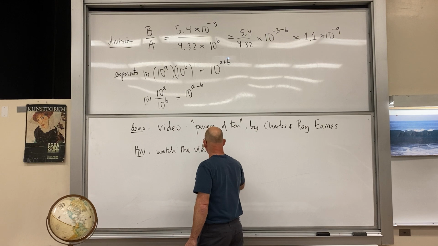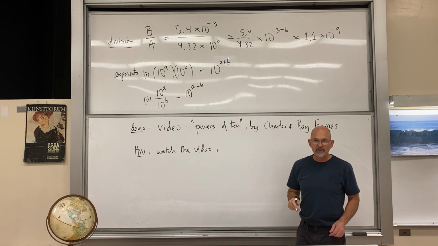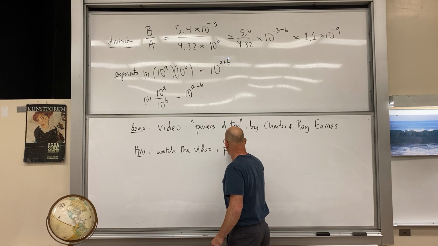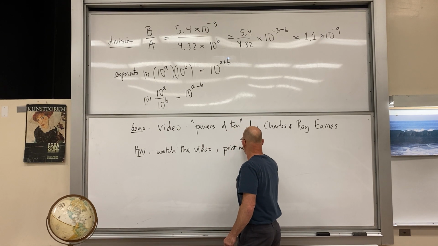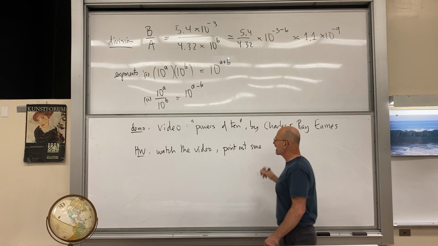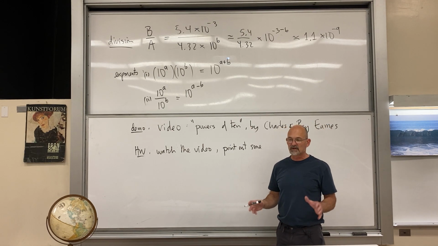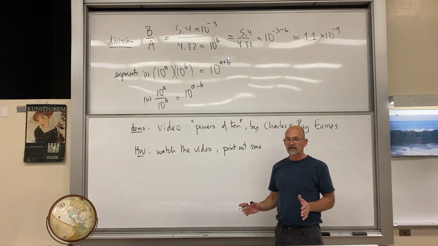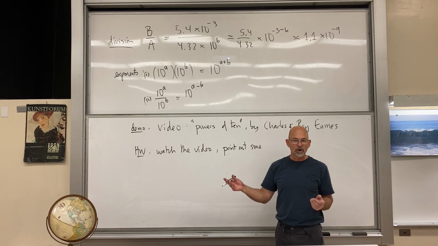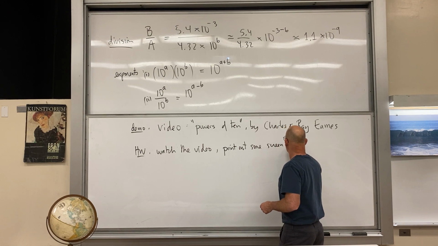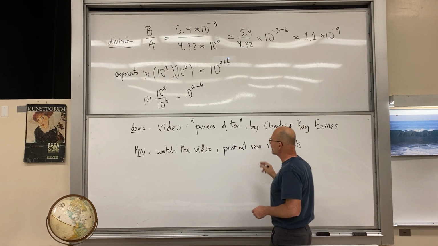Watch the video and then print out a couple of good screenshots. So if you print out some screenshots, and if you're ambitious, you can kind of format them to look good in your book. So, but I'll just say print out some screenshots. That's the first thing.